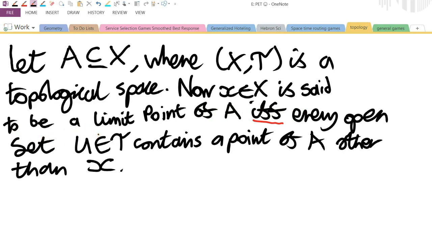Okay, so let's try and understand this definition a little bit better. One good way to start is just by writing it in a simpler, more compact form.